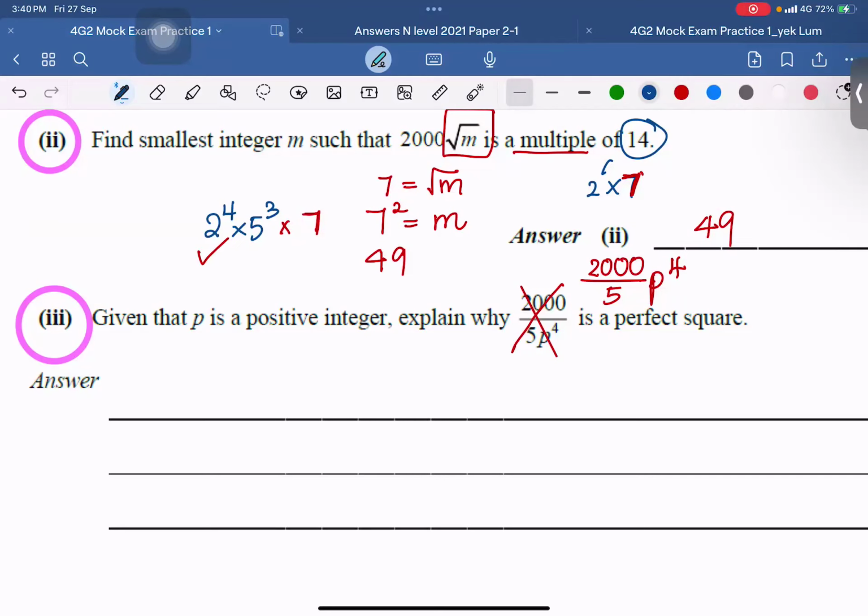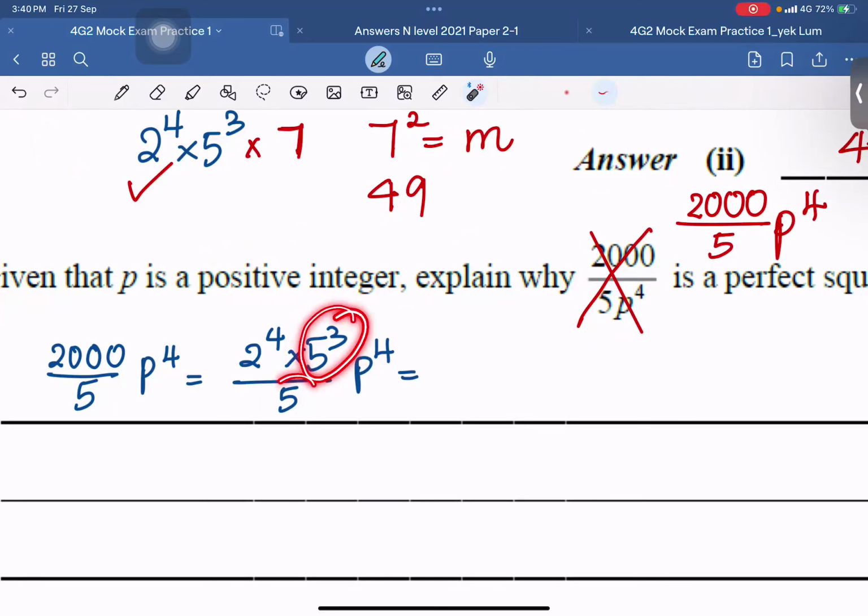Now, what exactly is this? 2,000 over 5 times p to the power 4. 2,000 is 2 to the power of 4 times 5 cubed, divided by 5 and then p to the power 4. If I have this part over here, 5 cubed and 5 can cancel away. It becomes 2 to the power 4 times 5 squared.